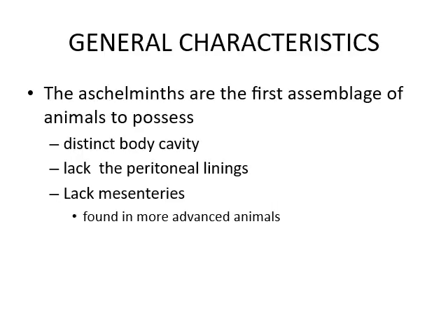Now the general characteristics of the phylum Aschelminths. The Aschelminths are the first assemblage of animals to possess a distinct body cavity, the pseudocoelom. They lack the peritoneal lining. They lack the mesenteries that are found in more advanced animals, the coelomates.